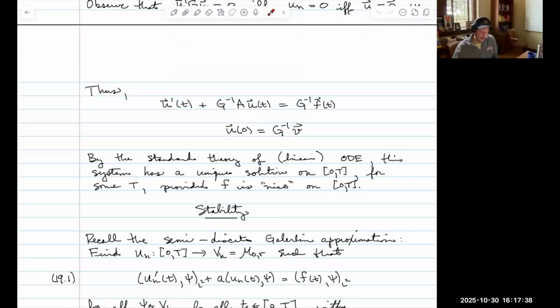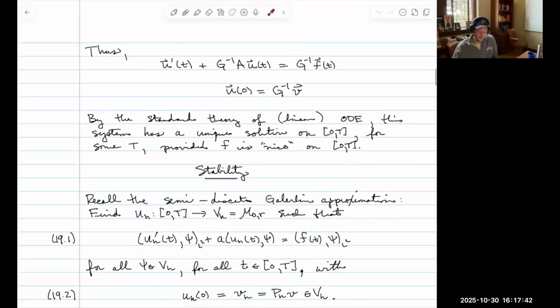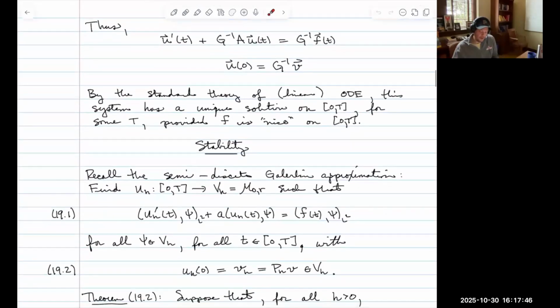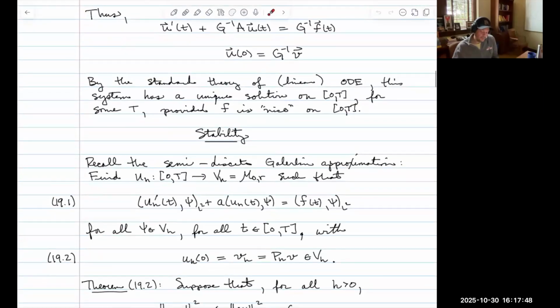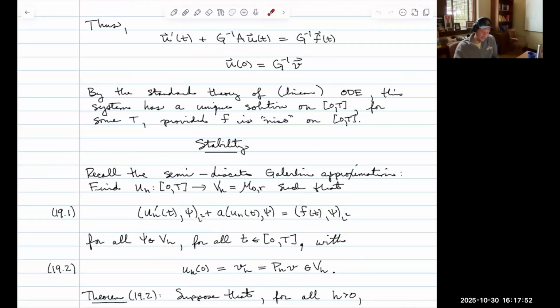I won't go into all the details of what sufficiently nice is. That's for your ODE course, but it's not hard to figure out what f should be for this solution to exist for all t up to some capital T.